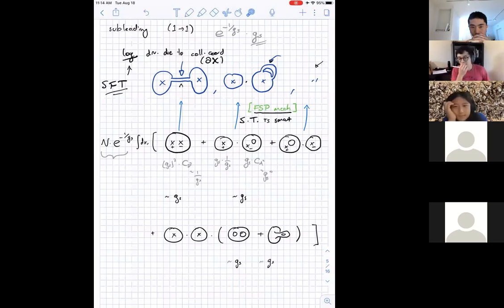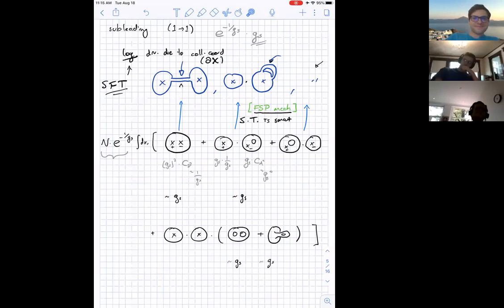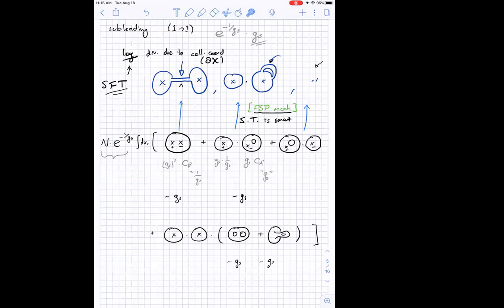Can I ask a quick question? Yeah, go ahead. So in Fischler-Susskind, the cancellation happens because the target space background gets modified. I mean, it's like a loop correction. So are you talking about that kind of thing? No. The original Fischler-Susskind is what you just mentioned. Really, this cancellation of the logarithmic divergence, due to canceling between diagrams of different topology, was explained by Polchinski in his paper, and he called it the Fischler-Susskind mechanism.